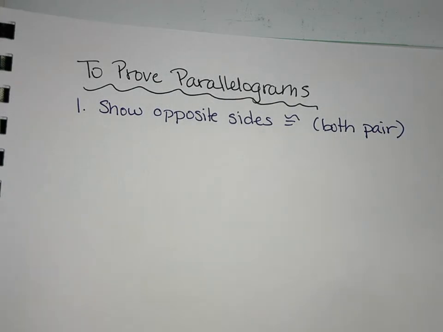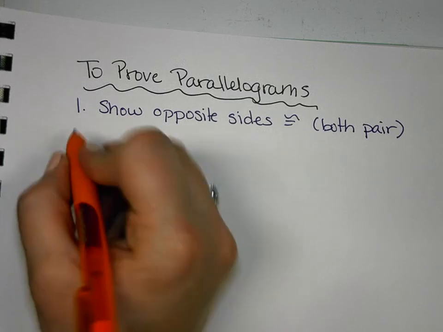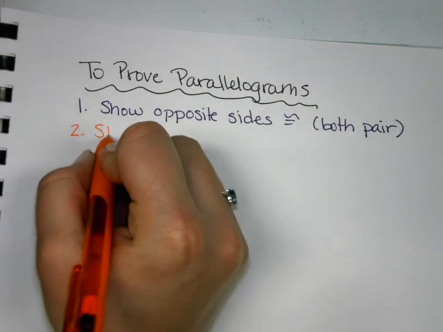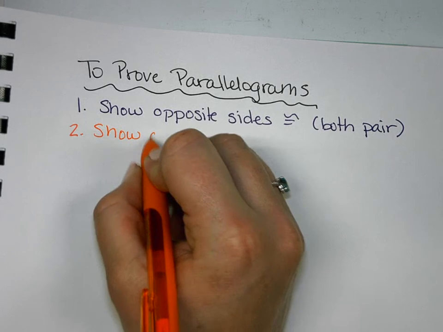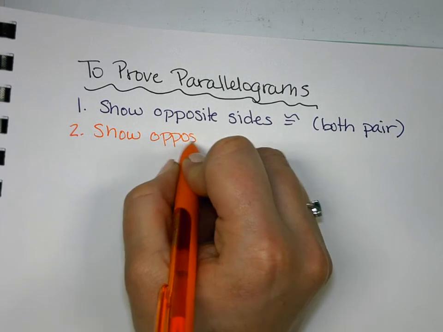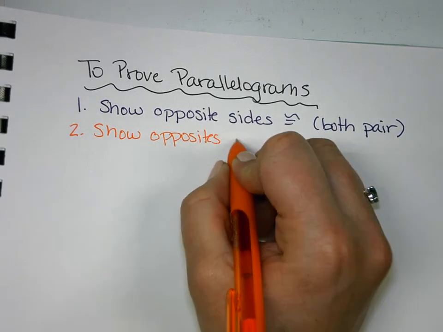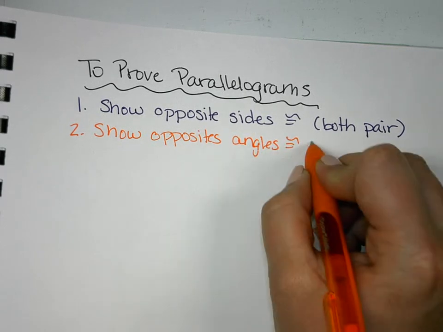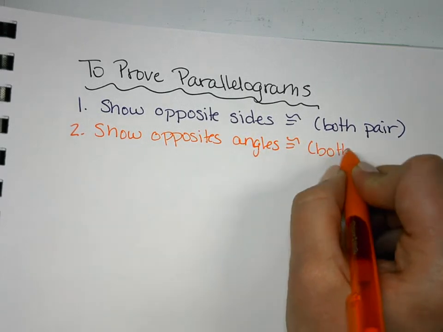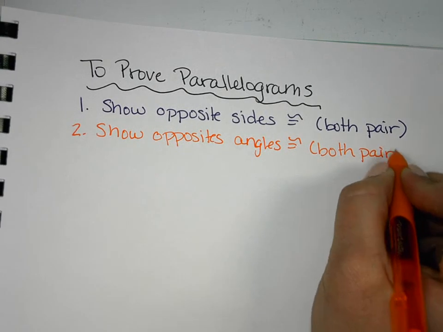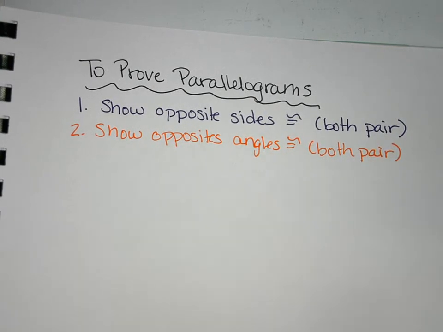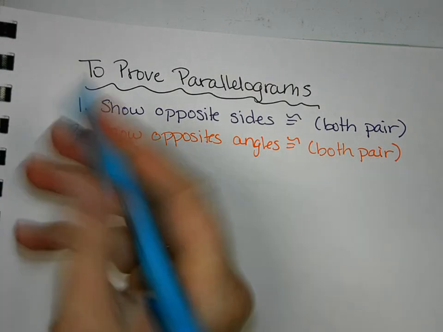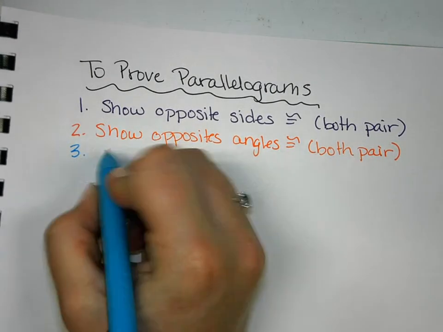Our second property was about angles. So if we can show opposite angles are congruent, again, both pairs, then you have a parallelogram. What was another property? Okay, show the diagonals bisect each other.